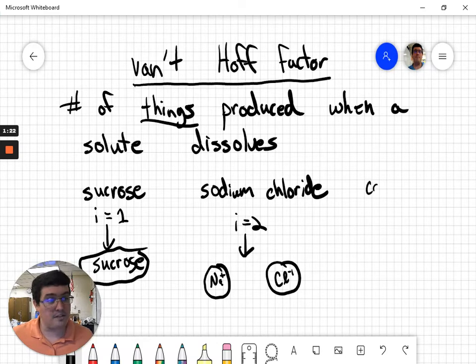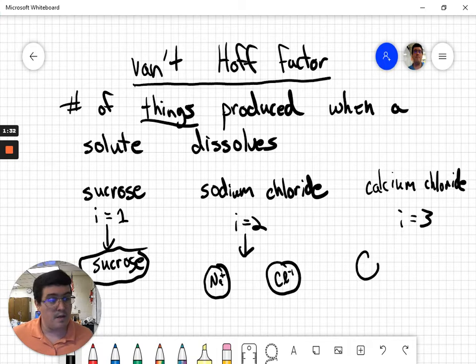And furthermore, calcium chloride had an i of 3, a van 't Hoff factor of 3, because it forms 3 ions, the calcium ion, the chloride ion, and another chloride ion, right?